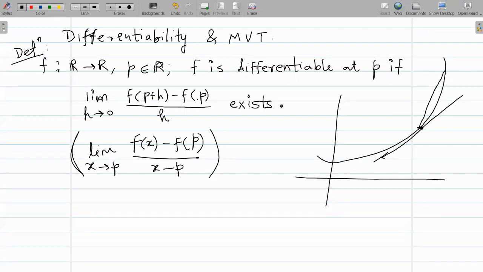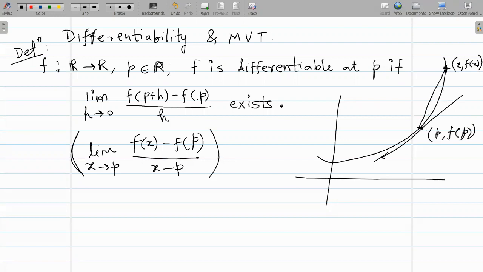Either h goes ahead, or h may be negative, and then we try to reduce h. This slope is represented by this ratio. So this is the point p comma f(p), and this will be the point p plus h, or x comma f(x). The slope of this chord is what this is.